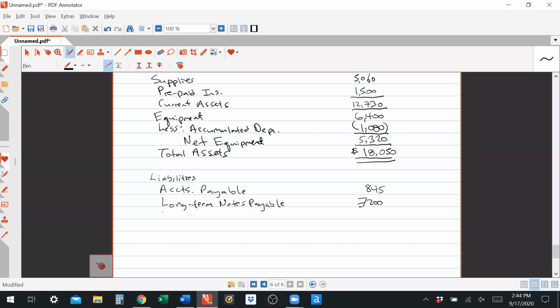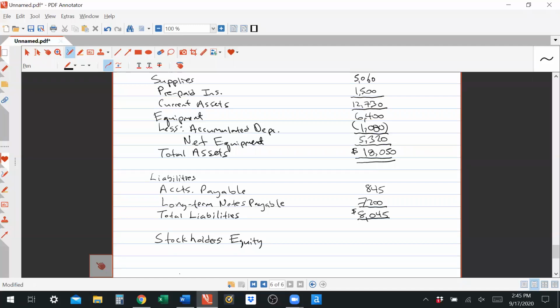Now we can get a total liabilities. So 845 and 7,200 looks to be 8,045. And then finally, the stockholders' equity section.